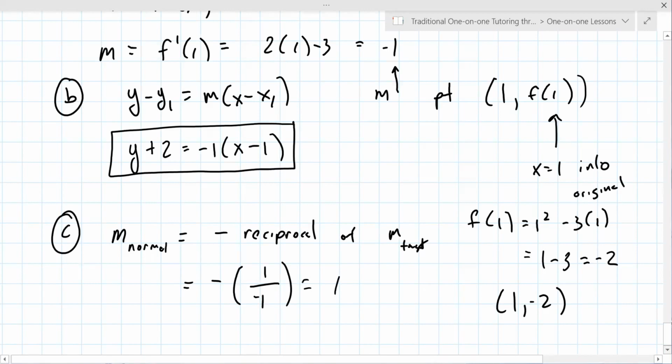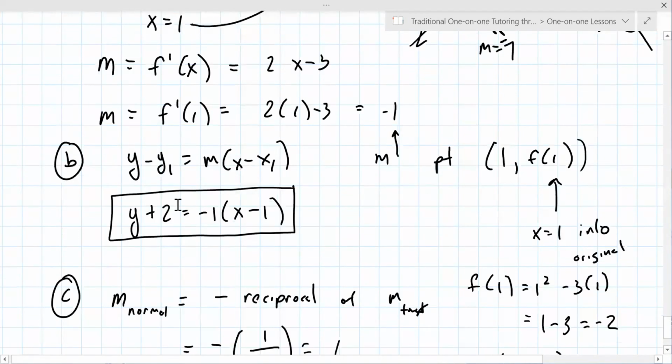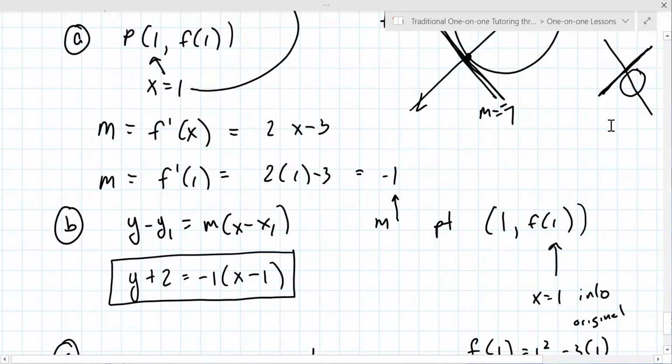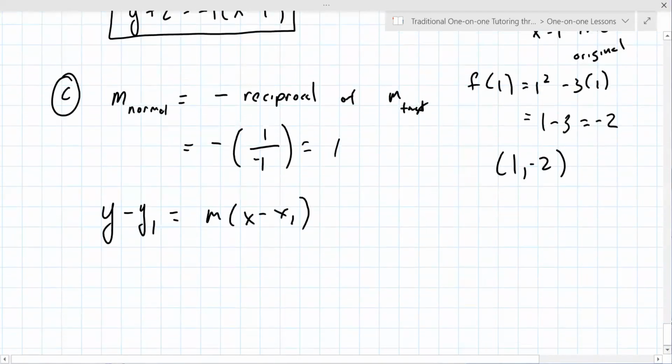So now we need the equation of the line. It should say the equation of the normal line, but it's lacking. So it's y minus y1 equals the slope times x minus x1. The only thing that's different between this and the previous part is the slope, because they go through the same point. You have to. Oh, right. So it feels like it's a lot more, but it's really not.